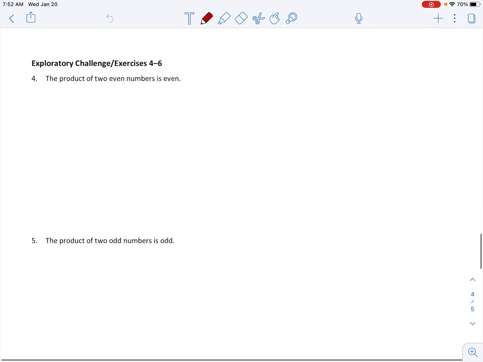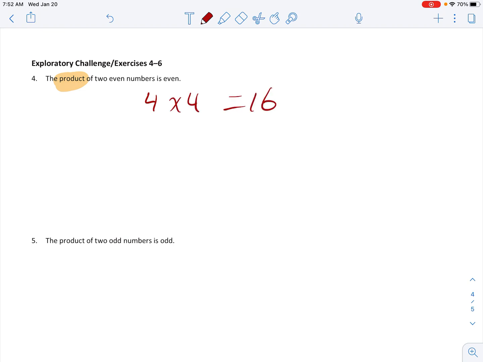Okay, so now we're going to talk about the product of two even numbers is even. So let's do the product. Remember, that is the answer to a multiplication problem. 4 times 4 equals 16, all even. 6 times 6 equals 36, all even. 10 times 10, all even, equals 100.